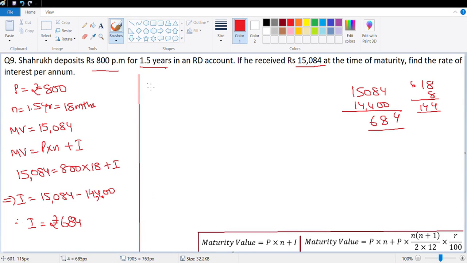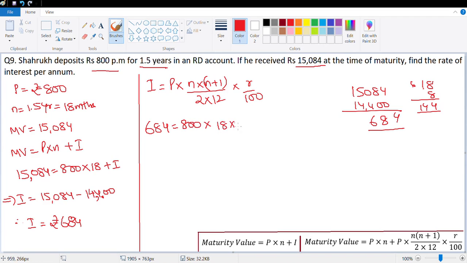And then we know I is equal to P into N plus 1 upon 2 into 12 into R upon 100. So 684 is equal to P, which is 800 into N, 18 into N plus 1, 19 upon 2 into 12 into R, which we do not know, upon 100.